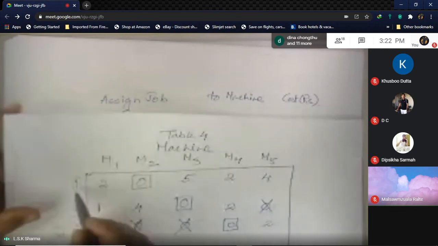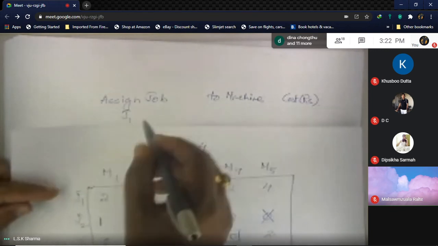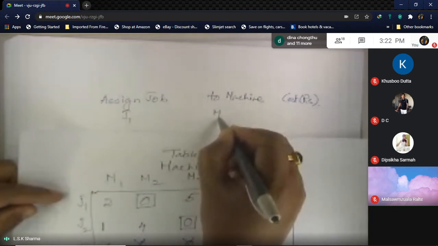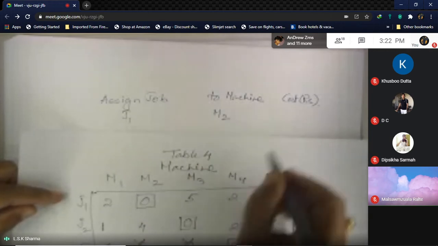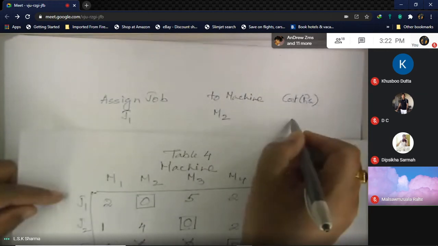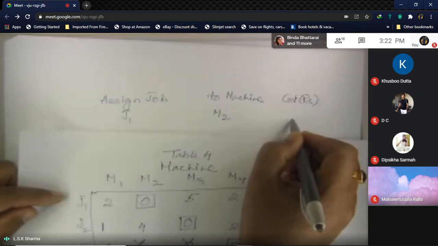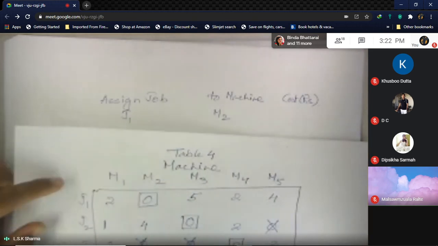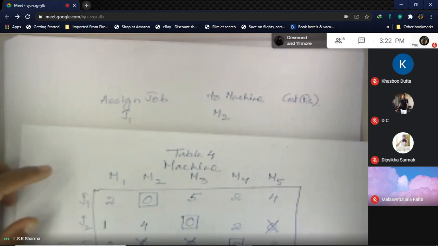Job 1 is assigned into M2. Okay, so job 1 is assigned into M2. What is the cost of this job? This is the cost which is given in the first table. So what is the first table cost out here? The first table cost is rupees, M2 is how much? 5.